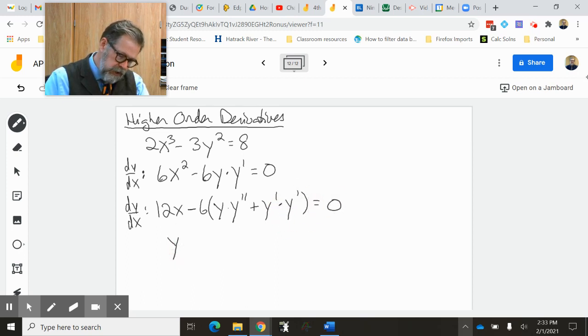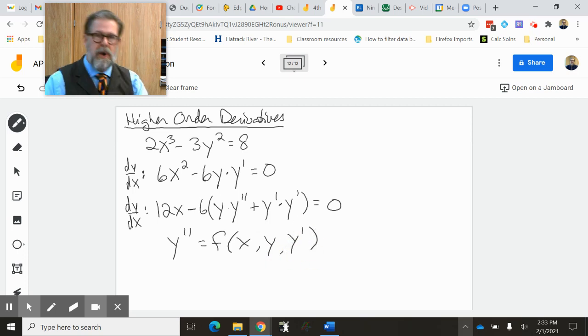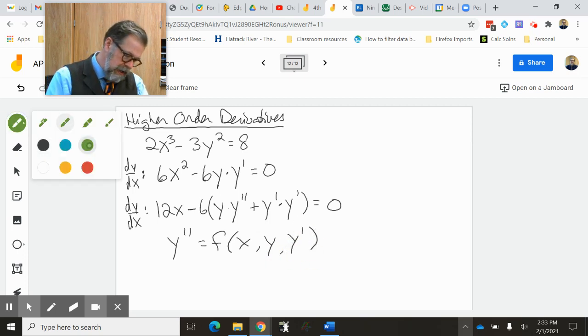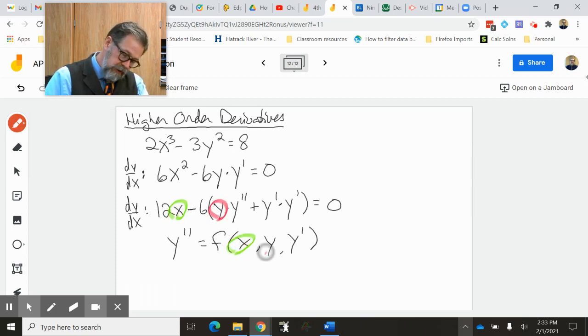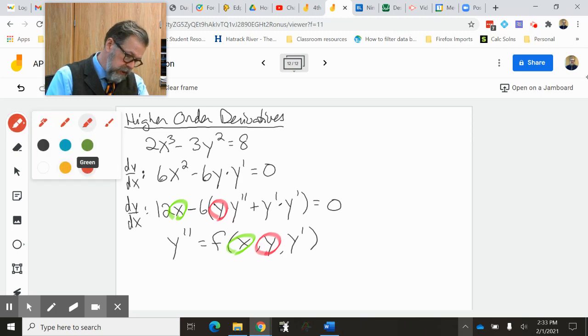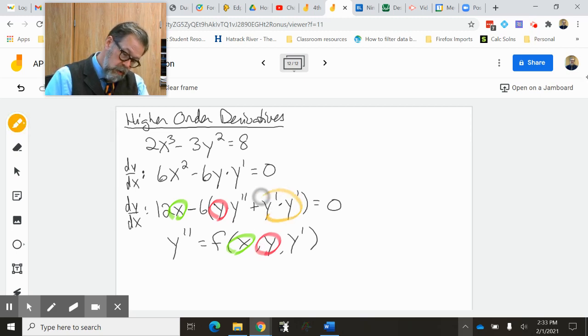And when I solve for the second derivative, I'm going to get that it is a function of x, of y, and of y prime. I have all of these things. There's x's, there's y's, and there are y primes.